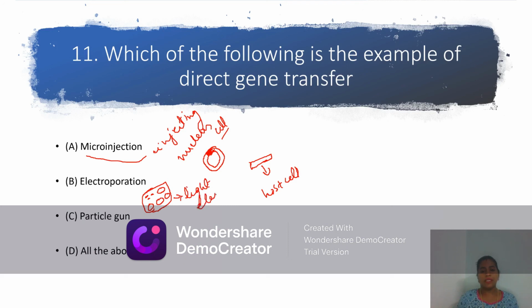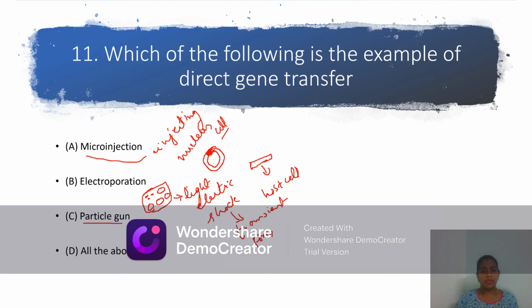Through this shock, what will they be making? Transient pores, right? Through these pores the DNA will be directly going inside the cell. So that is a direct gene transfer method.